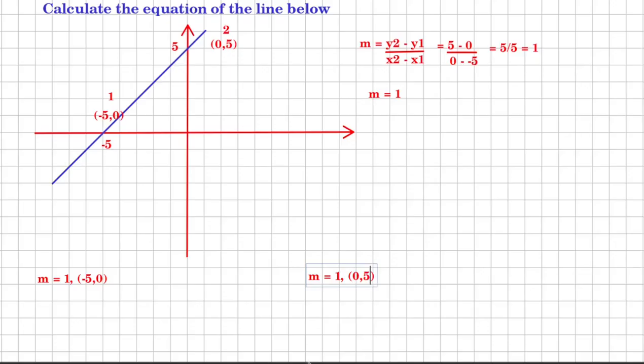We are going to use y equals mx plus c for the first one, and y minus y1 equals m into x minus x1 for the second one. The aim is to expose you to both methods for calculating the equation of a straight line. Let's go ahead and do just that.